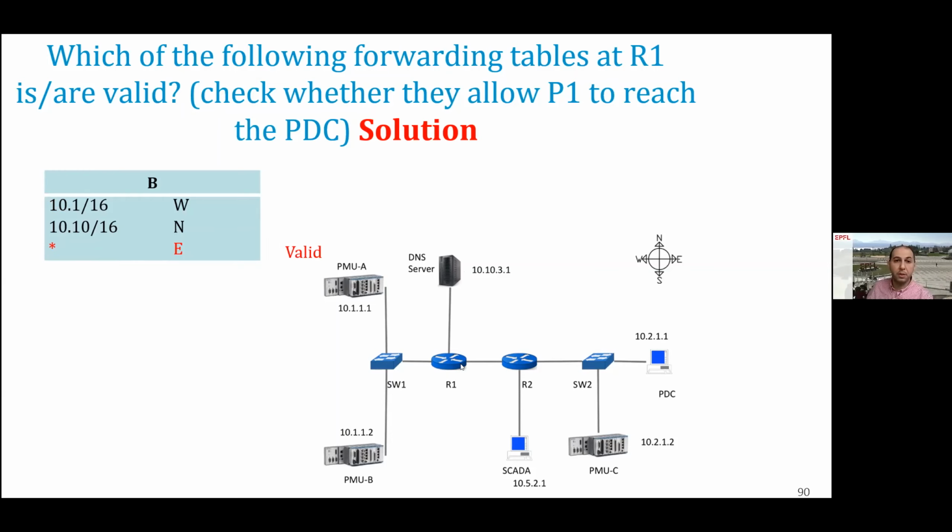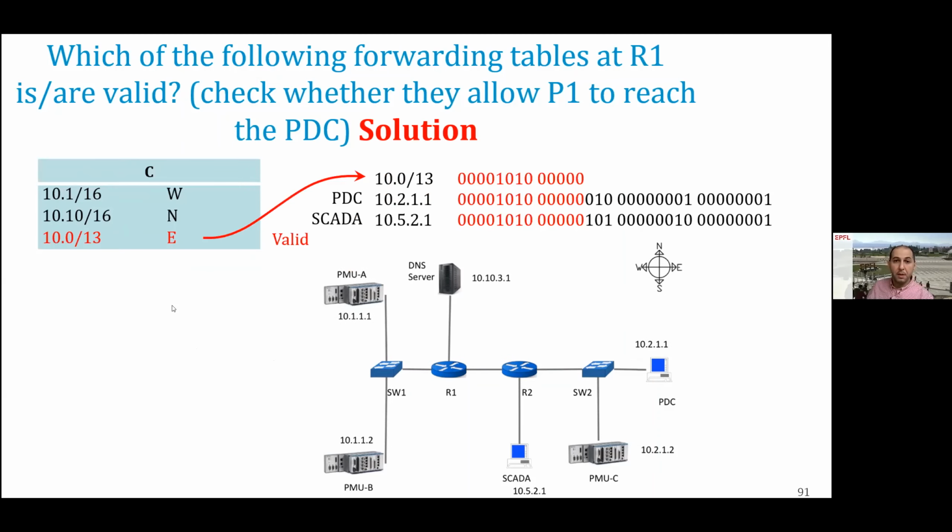So the packet needs to go to the east to R2, so that R2 will hopefully have the right forwarding table to forward the packet to PDC. So this one is correct because this allows R1 to forward the packet to R2. So B is correct.